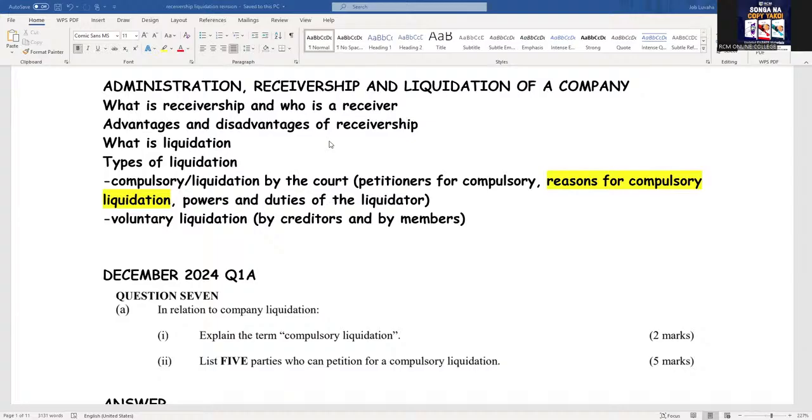So we can have the company itself, we can have the creditors. Everyone here seems to know creditors. So you have creditors, the company itself, the members, the attorney general. The attorney general, shareholders and members is the same.